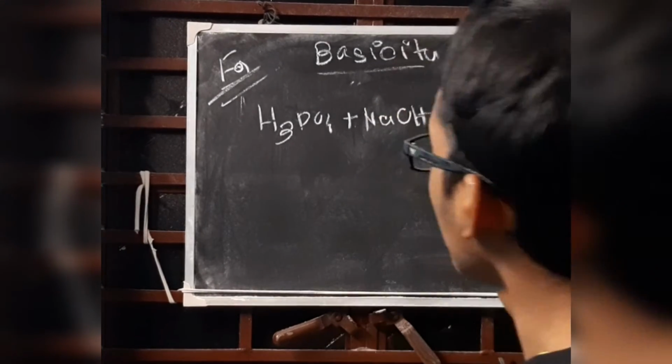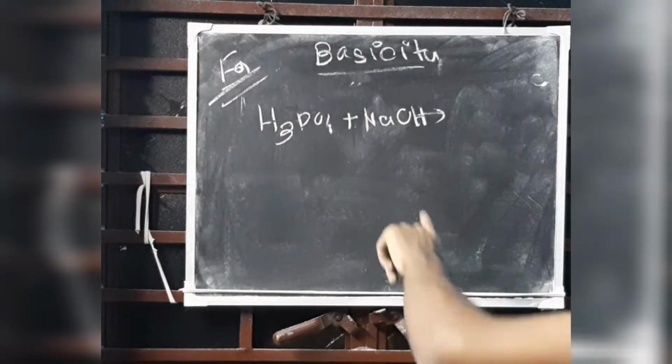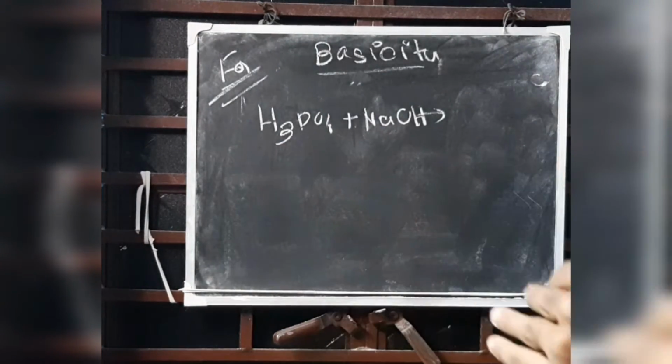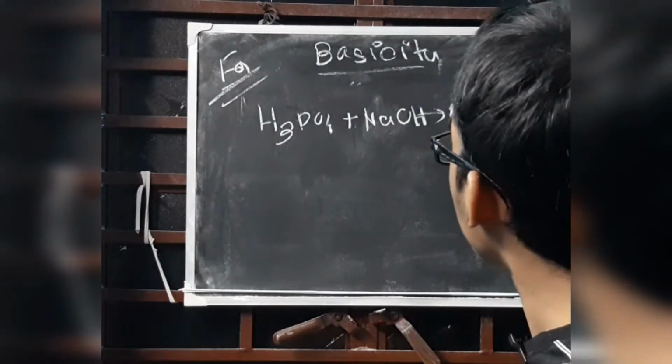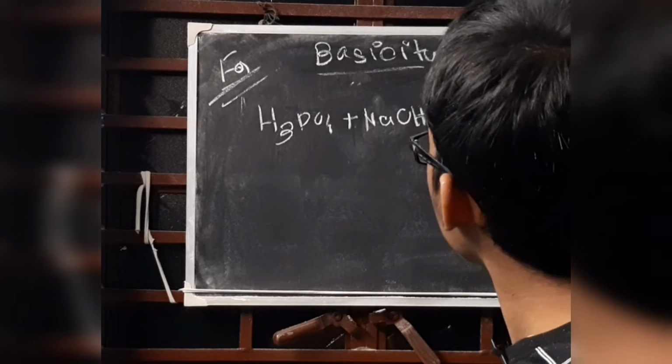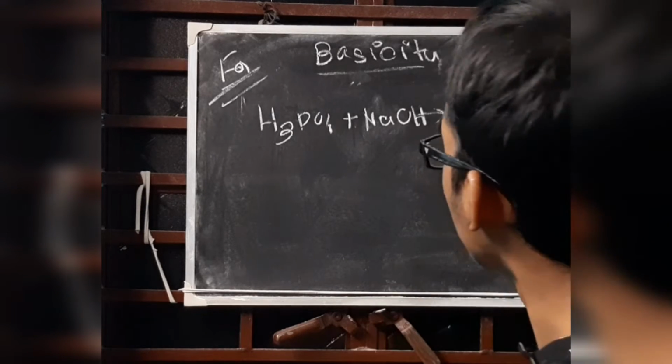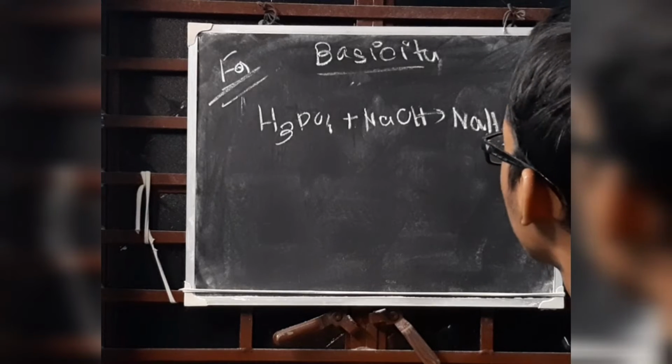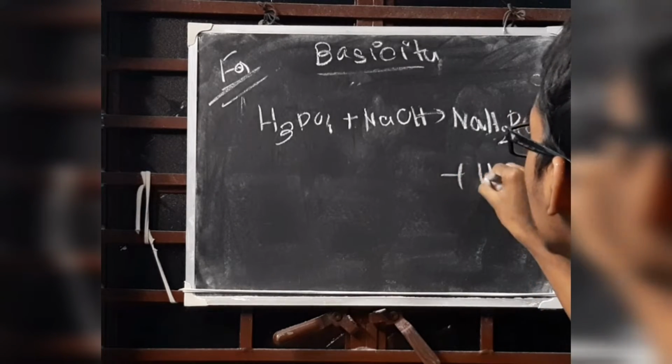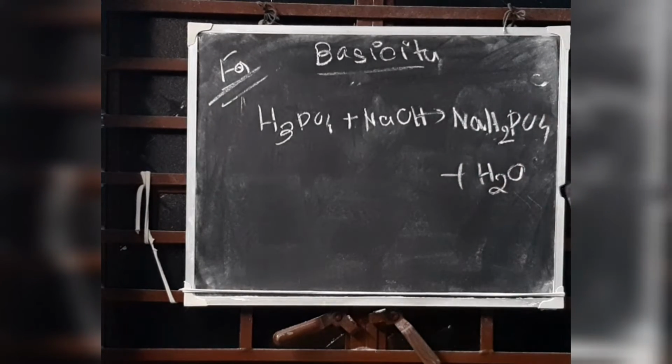I have not balanced the reaction yet. One Na will replace one H, and two will remain. So what will be the formula? NaH2PO4 plus H2O. Understood? First dissociation reaction, the product is this.